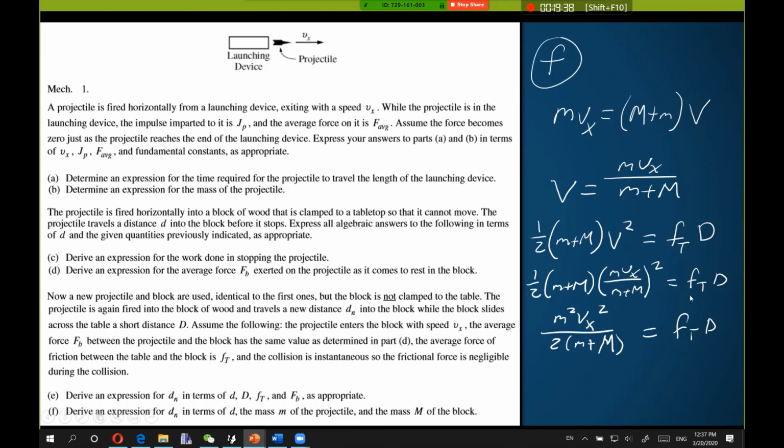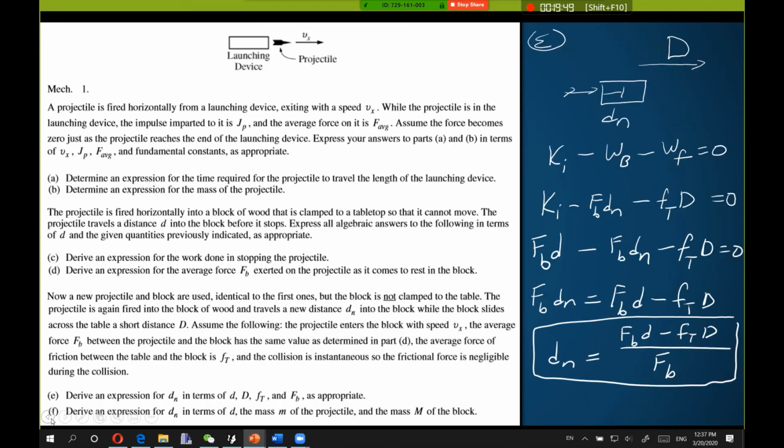Okay, then I need an equation that I can sub for F_f D, because I can't have an F_f in there, and I can't have a D in there for what they want us to do. So I'm going to go back and see if we can use this.